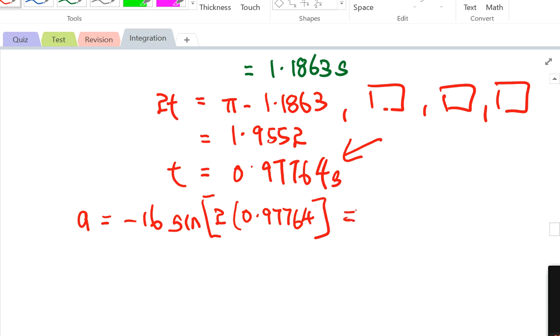Can everyone try to press the calculator now and see if you get the same answer as mine? I get negative 14.8 cm per second square. Do you all get this answer?